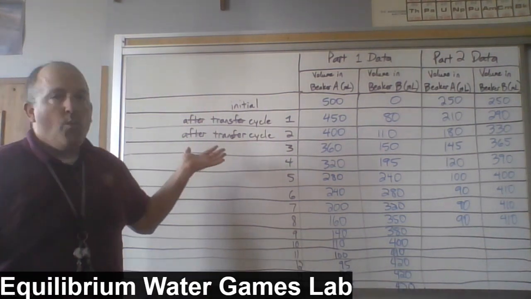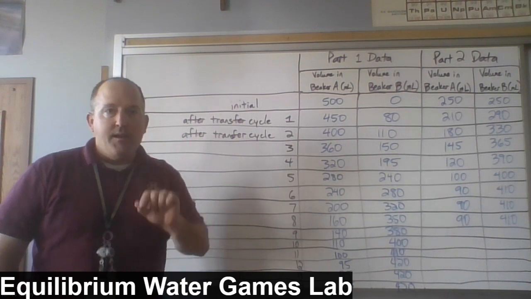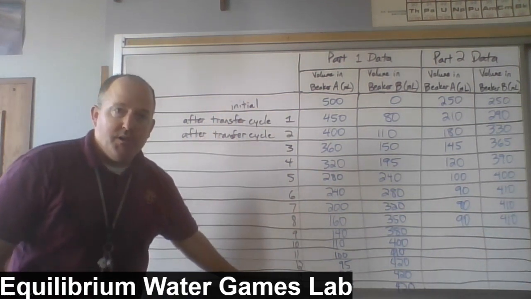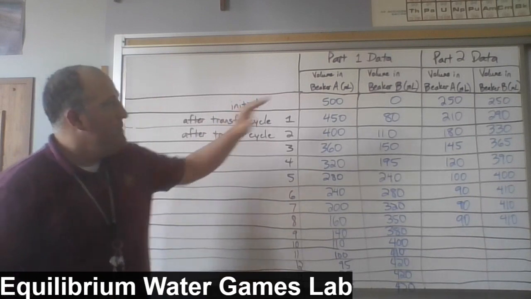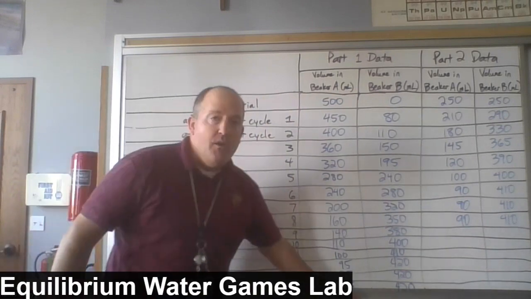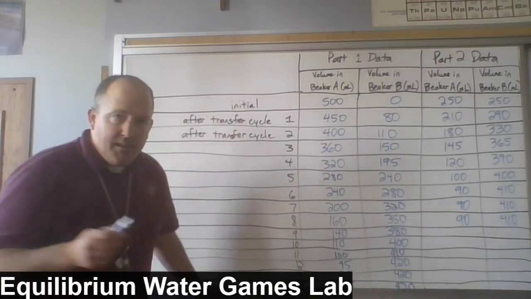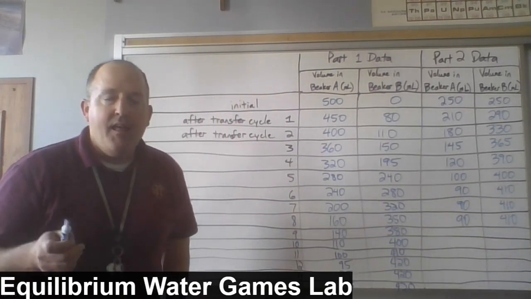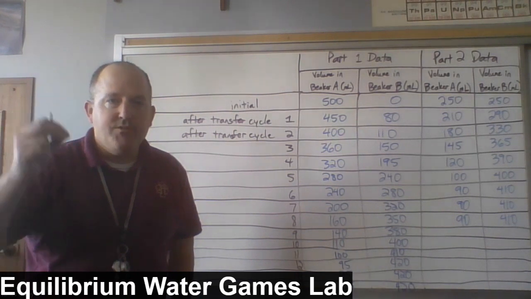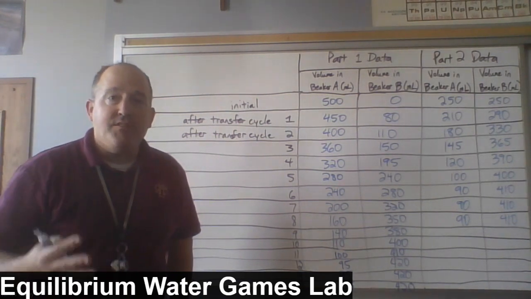Notice that in the part 1 portion of the lab, where we had 500 milliliters in beaker A and none in beaker B, it took more transfer cycles to reach equilibrium than it did in part 2. The point at which the water levels stopped changing substantially, and keep in mind, the beaker measurements on the sides of the beaker resulted in some rough estimation, but that's okay.